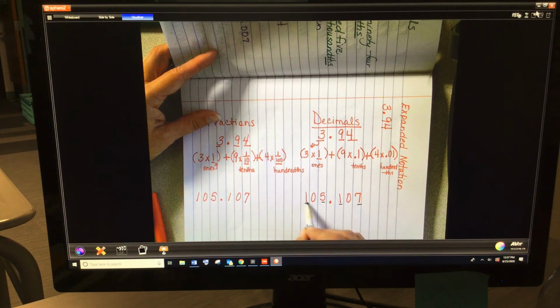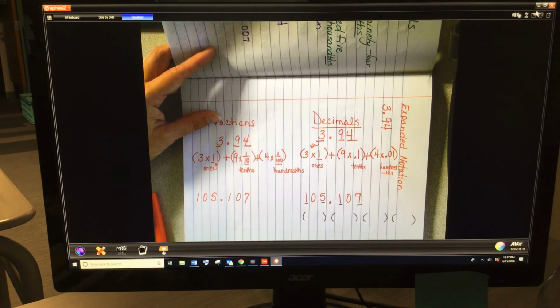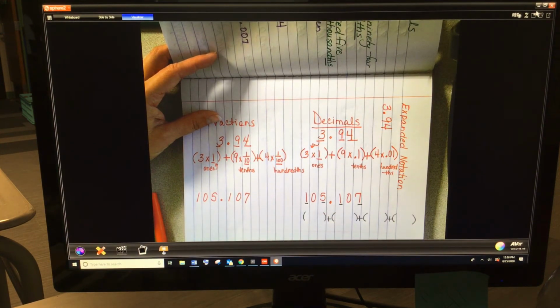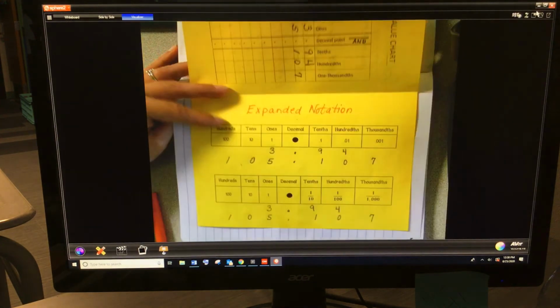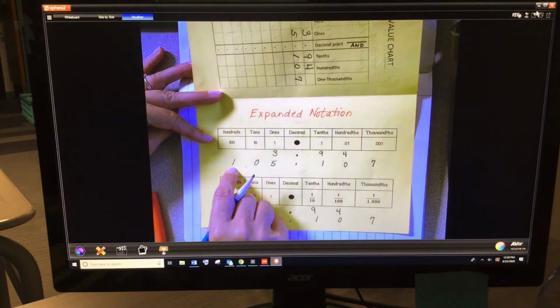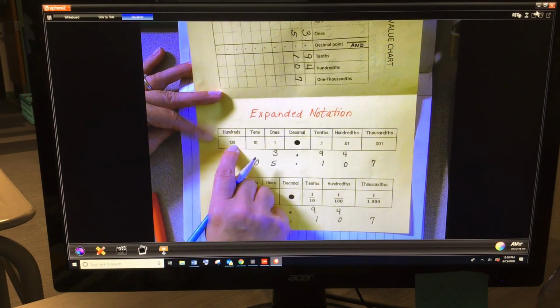All right, so we're going to need 1, 2, 3, 4 sets of parentheses. There's our 4 parentheses. We put addition in between them. Always, always addition. Because we're adding those values together to create this number. Alright, so then I can take my first place value, my 1. What place value is it in? It's 1 times what? 100.